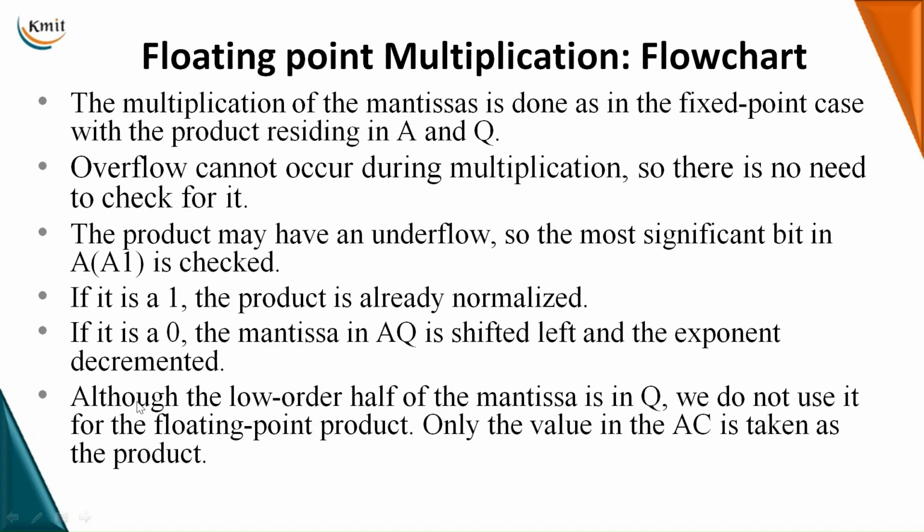Although the low order bits of the mantissa are stored in Q, we do not use them for a floating point product. Once you have done the normalization, the product stored in AQ is transferred into the AC register and taken as the product. So this is the algorithm for floating point multiplication.